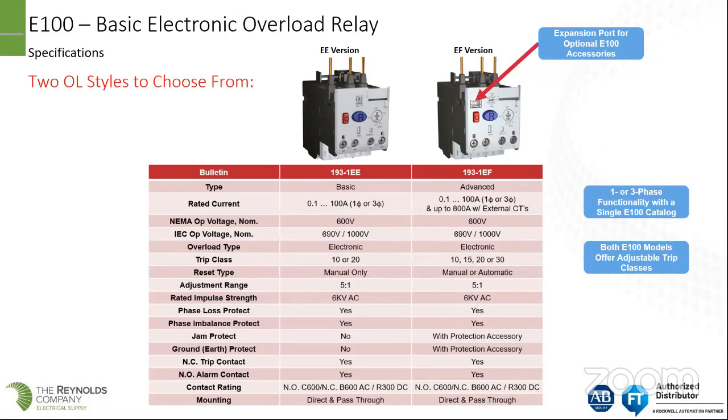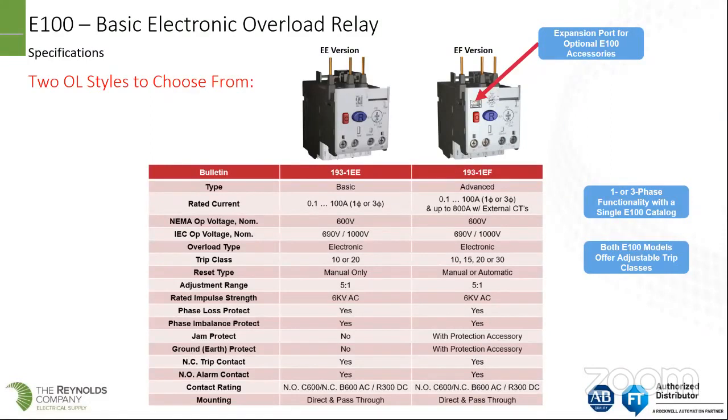Looking at past history and sales on what we've sold in the E1 Plus family, the basic version should handle 90 to 95% of the applications out there, depending on what your needs are. If not, the E100 will be offered in the advanced version, which is the Bolton 193-1 EF.